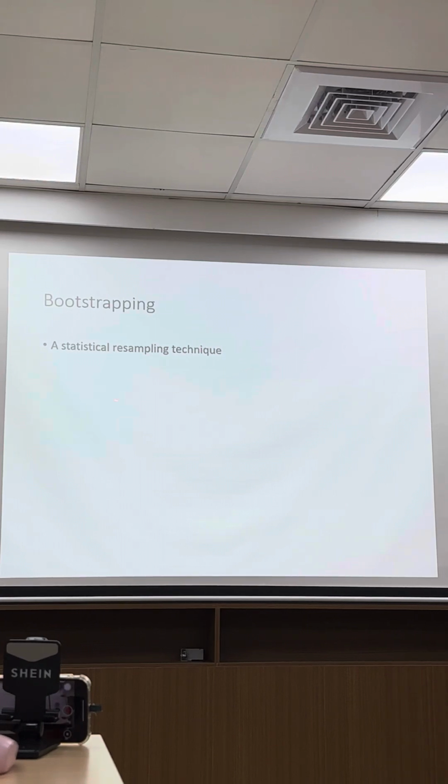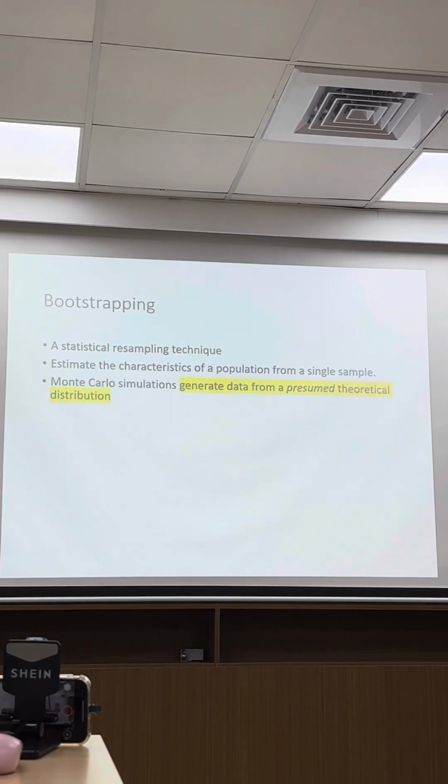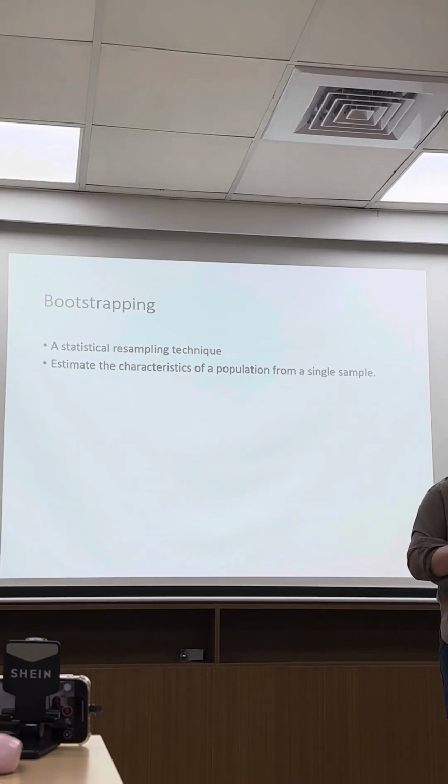The basic of bootstrapping is resampling. Resampling technique. Resampling means that, let's say you only have 100 samples. You only asked 100 people, and each person, you asked about 50 questions.